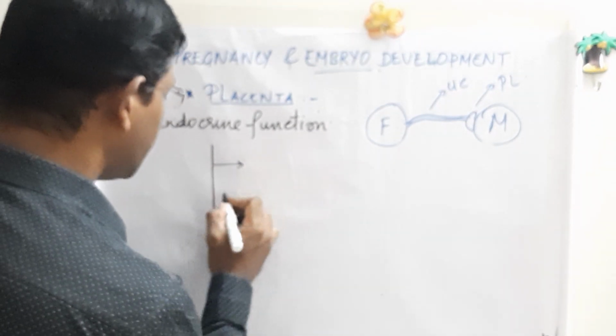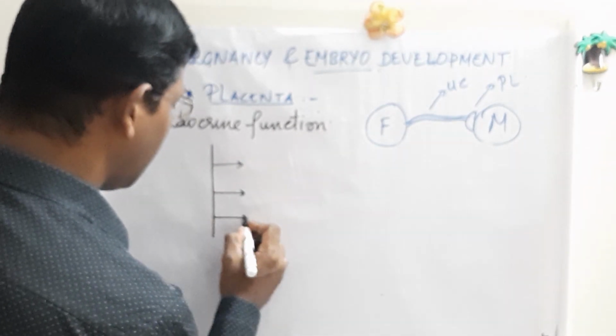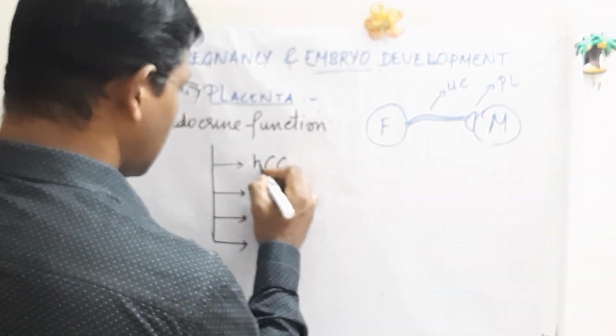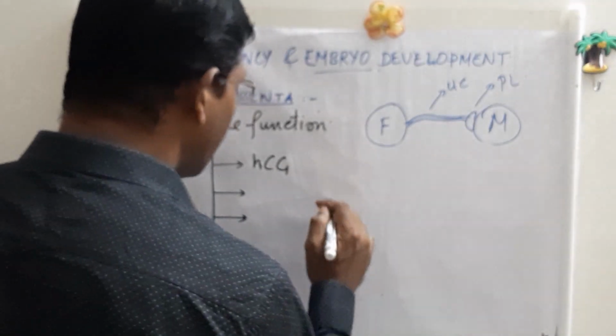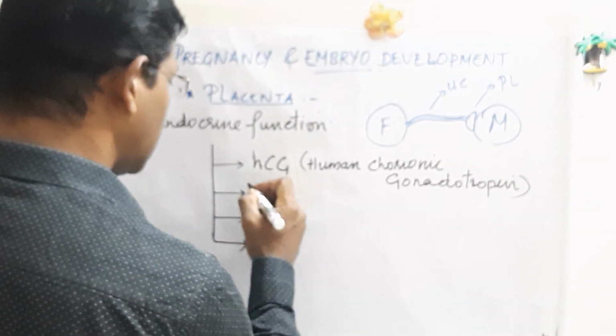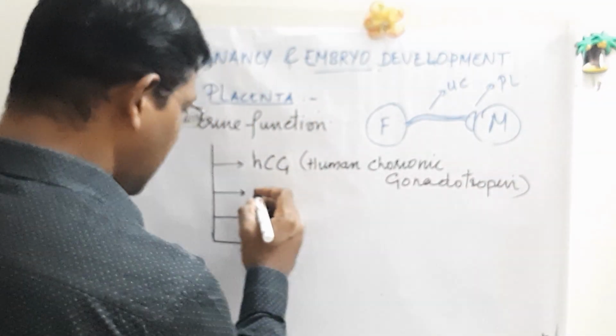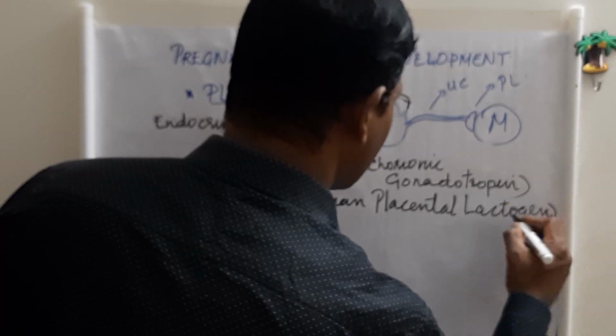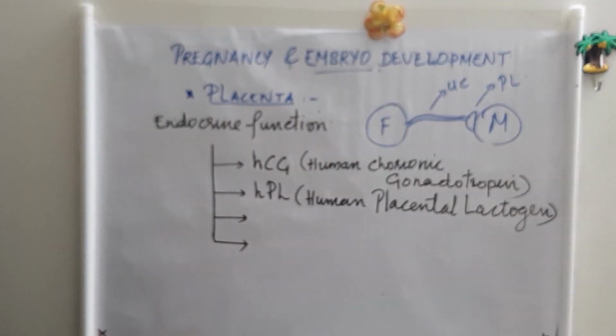Different types of hormones are produced, which are human chorionic gonadotropin, and next is HPL. HPL is human placental lactogen.